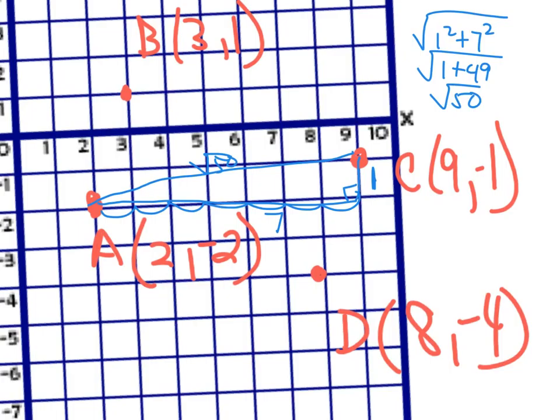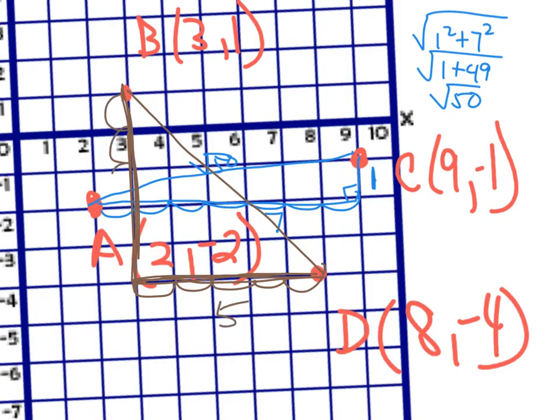Okay, finding the other diagonal length, and that's from B to D. So from B to D, that diagonal length right there, if I draw in a right triangle, that right triangle has dimensions that go by 1, 2, 3, 4, 5 by 1, 2, 3, 4, 5.